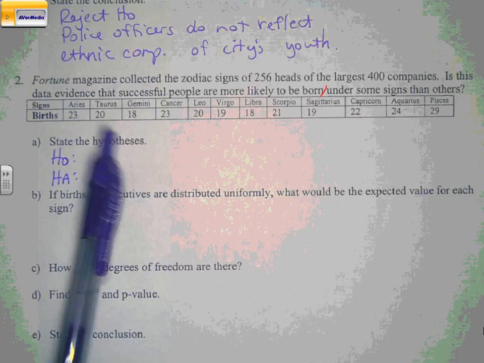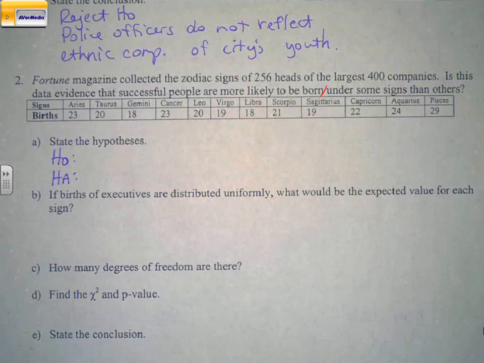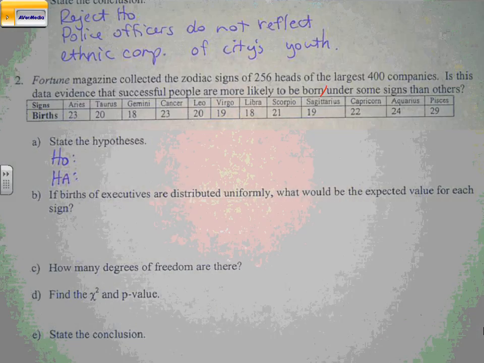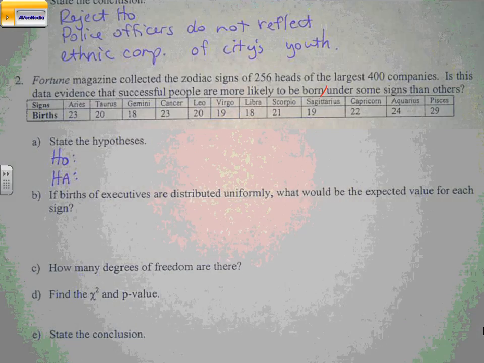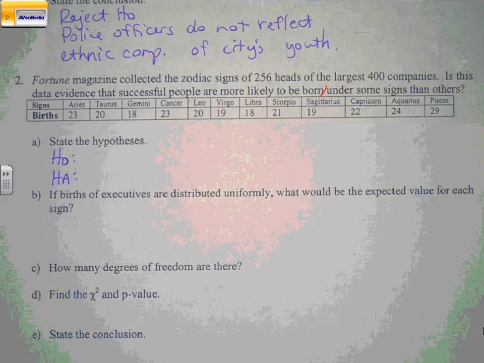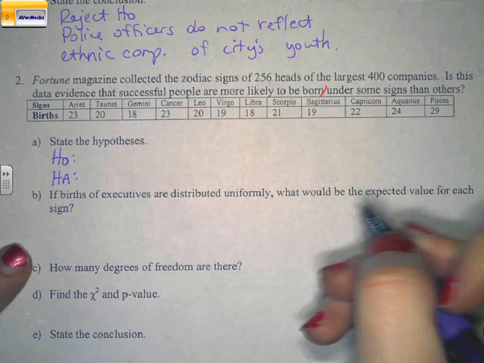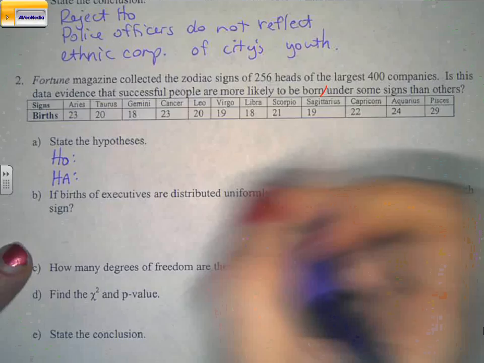Are they more likely to be a Gemini, etc.? So the opposite of that, if they weren't more likely to be a certain sign, what would that mean for all the categories? It's basically the same. You would expect them to be about the same in each category. So how can we write that?